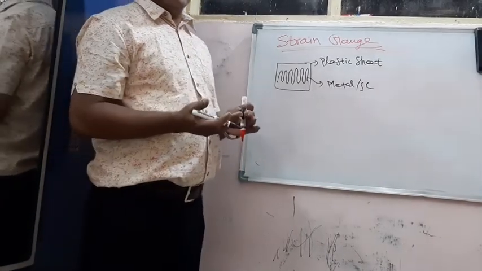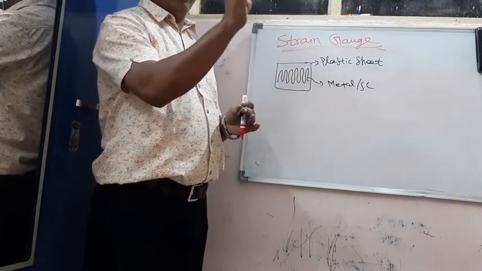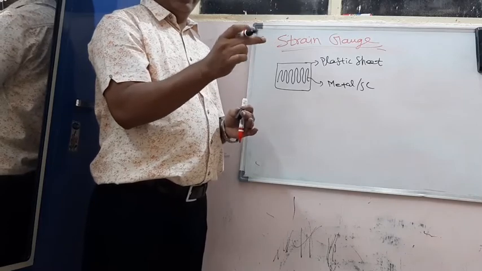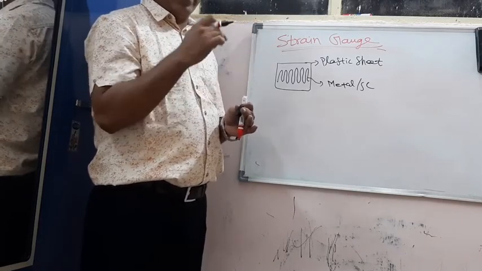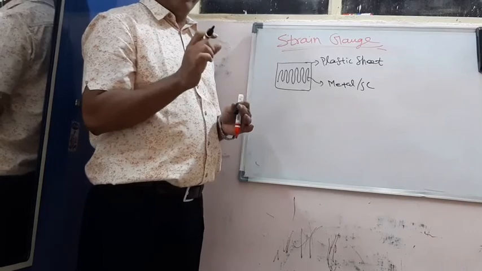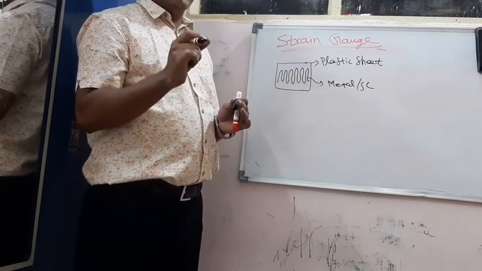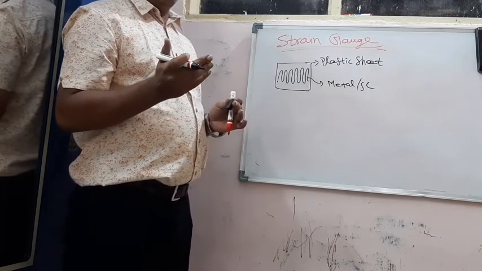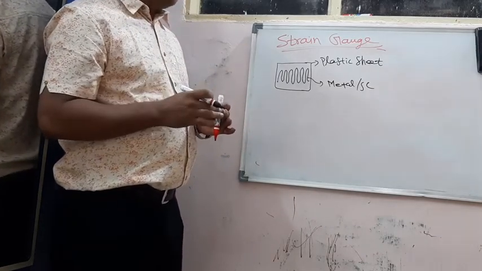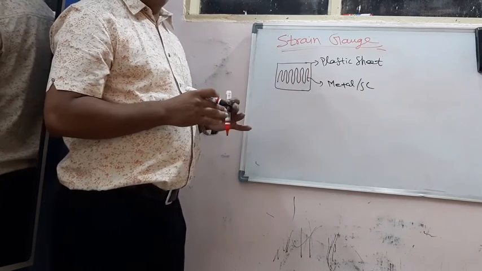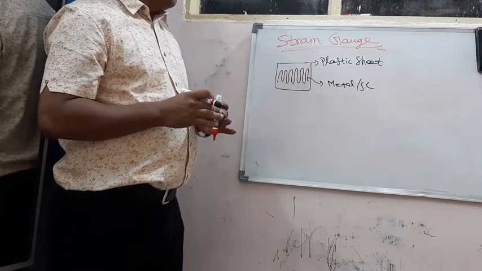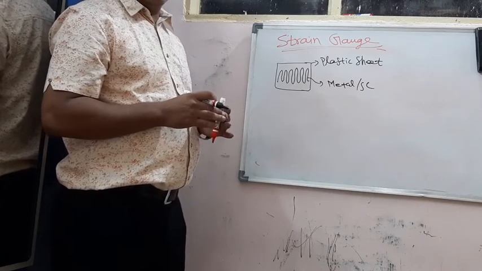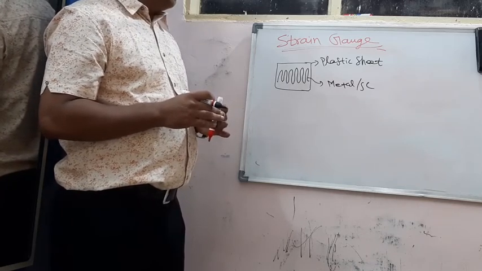The output voltage is a direct measure, or indirectly gives information, about the changing pressure, temperature, and force. So it is very important in electronics as well as in nanotechnology in making sensors and transducers.